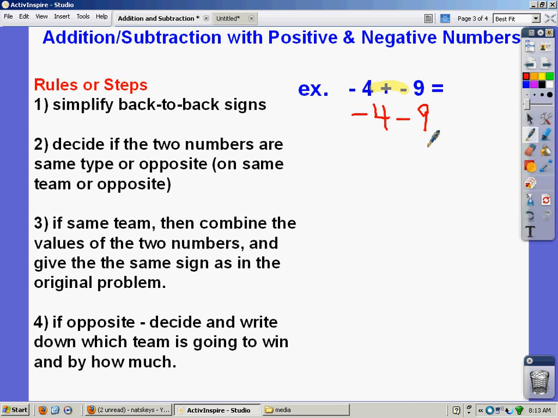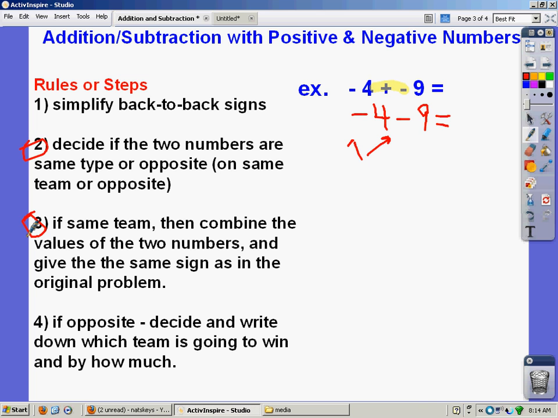Here I have plus negative, which simplifies to just a minus. So the question is, are they on the same team? In this particular case, clearly they are, because this is a negative number, and this is a negative number.